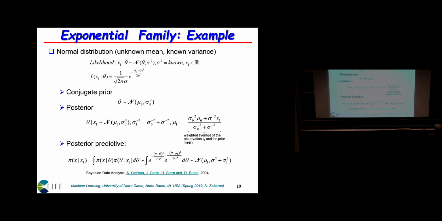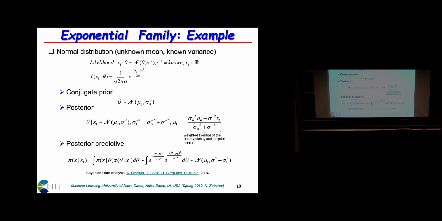If you like, actually, the inverse of the variance, which is the precision, the posterior precision is the prior precision plus the precision of the noise in the model. And the posterior mean, it's really a weighted average of the prior mean and of the data point x1. Okay? So these are generic formulas, right, for the Gaussian.